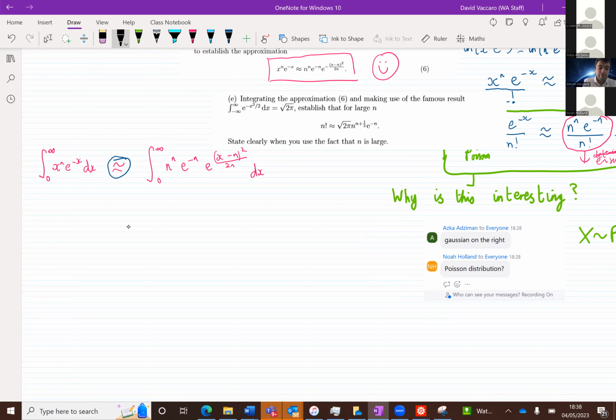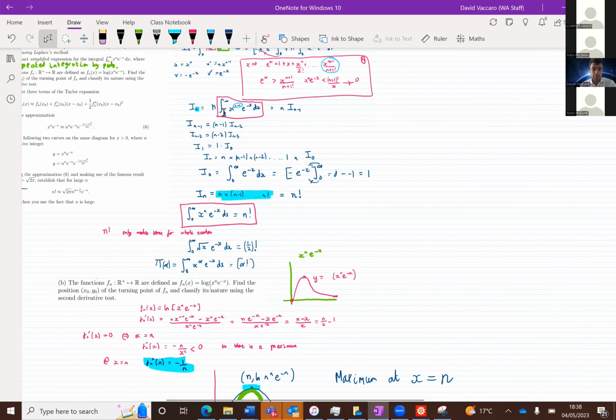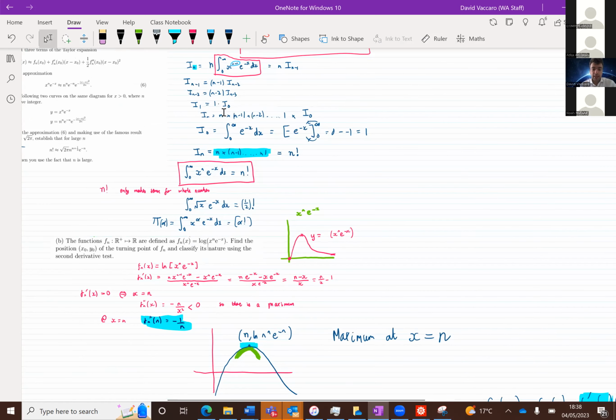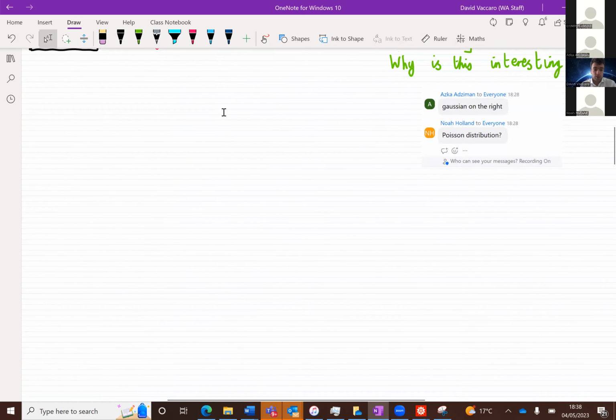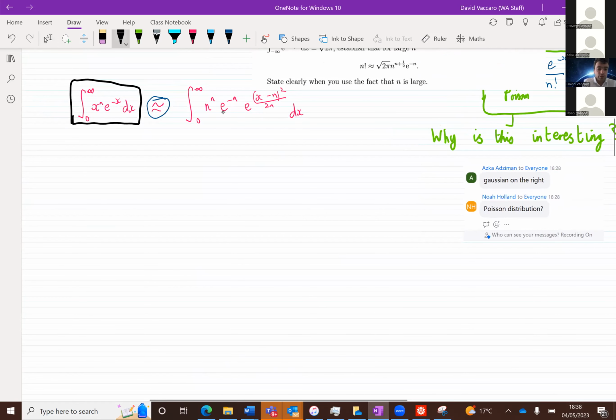So on the left, does anybody remember what this integral was equal to? Well, that was the integral that we did in part A, and we found it was n factorial.